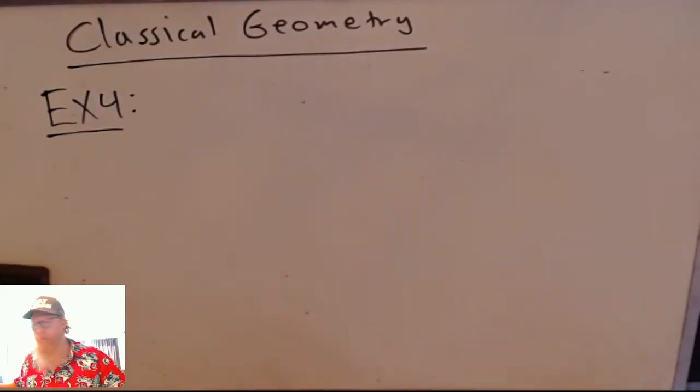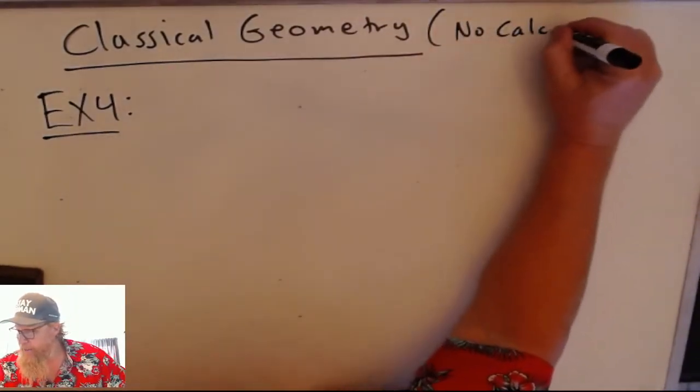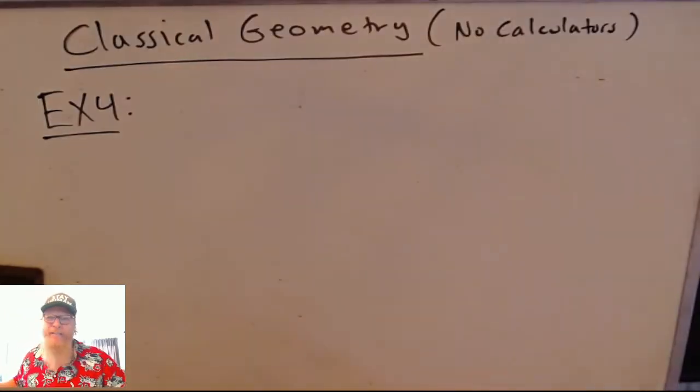All right, example 4. So in classical geometry, no calculators. And that's not only a suggestion, that's in fact a rule in classical geometry. If you type it in using a calculator, I'll know immediately, the computer will know, and it'll mark it wrong. And you'll be getting frustrated going, why am I getting this wrong? I know I'm doing it right.